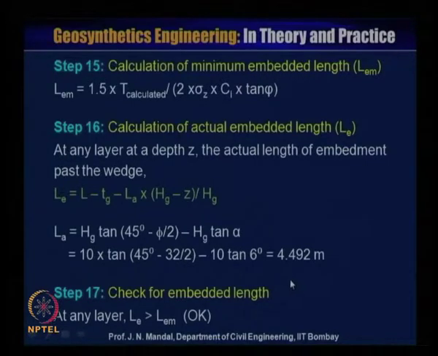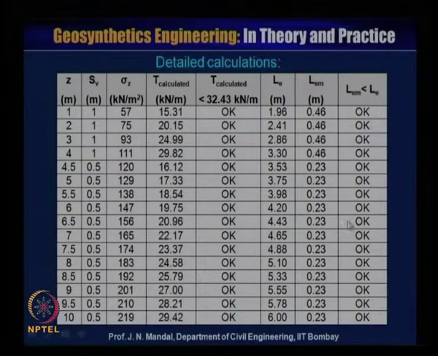Step 17, check the embedment length. At any layer, this LE, that means actual embedment length, should be greater than this minimum embedment length. LEM is minimum embedment. Then if it can satisfy, then it is okay. So here detailed calculation has been shown. This is the depth Z. We know the spacing we have kept up to the 4.